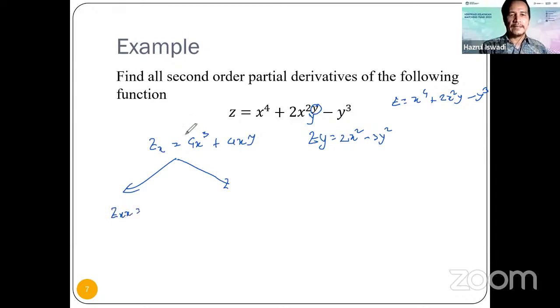It means that zx we differentiate with respect to x. So this will be 12x squared plus, this will be constant for y.